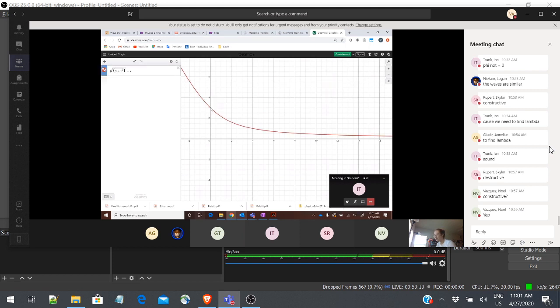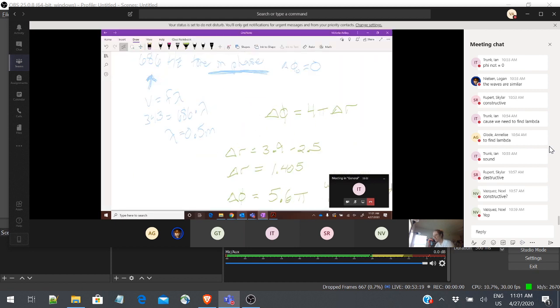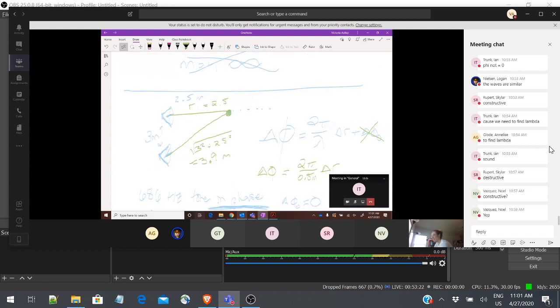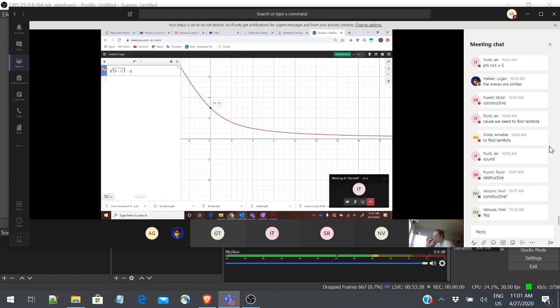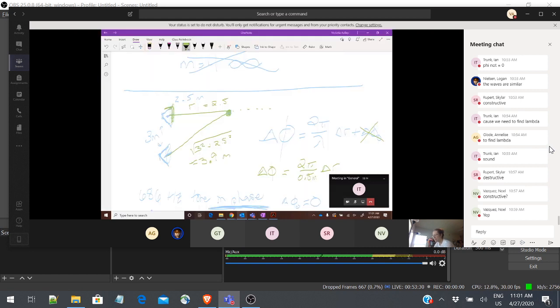When R is 0, so when you are standing right here, this R is 0, this one is 3 meters, but then as you walk further away, the difference between them starts to matter less and less.